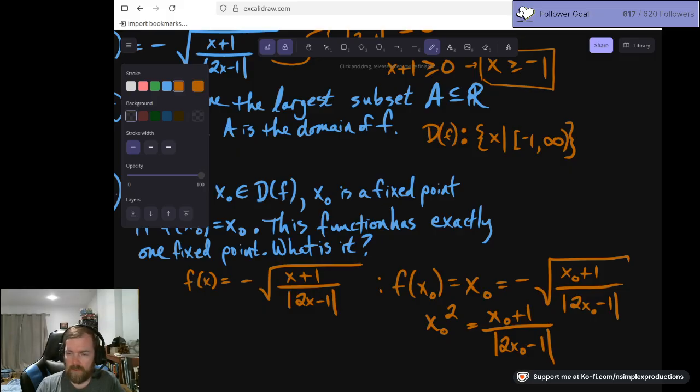We're going to multiply both sides by the absolute value, and so we get x sub 0 squared multiplied by the absolute value of 2x0 minus 1 is equal to x0 plus 1.